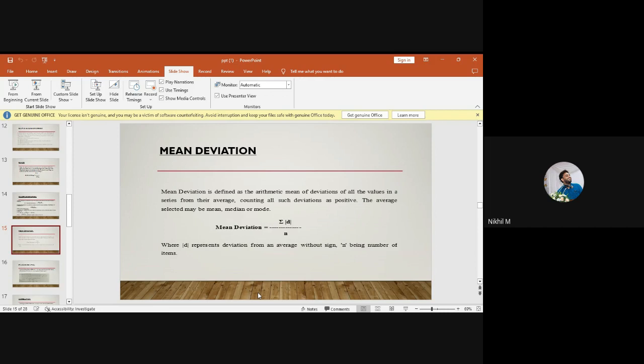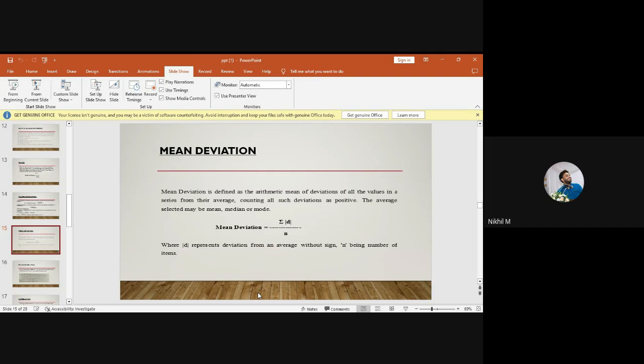Next we move on to mean deviation. Mean deviation is defined as the arithmetic mean of the deviations of all the values from their average. Here we count all such deviations in a positive manner, meaning negative signs are not considered. So mean deviation is equal to sigma |d| divided by n. Here d represents deviation, taken without sign.